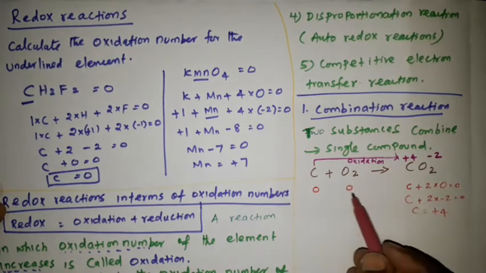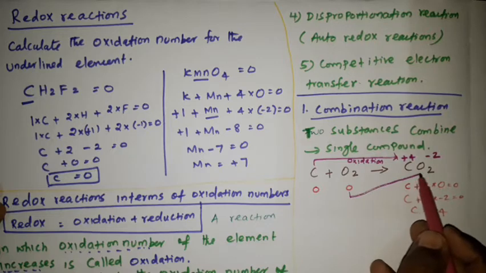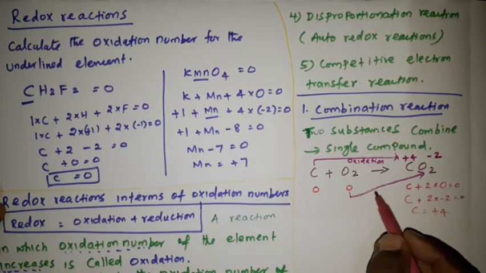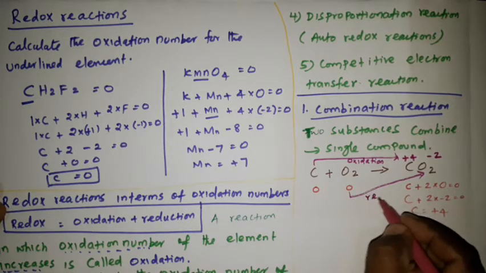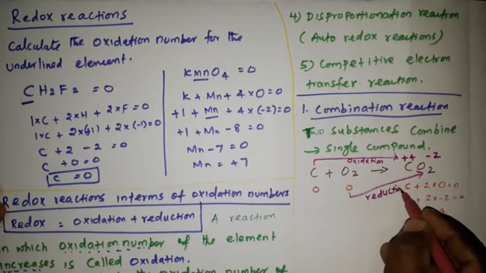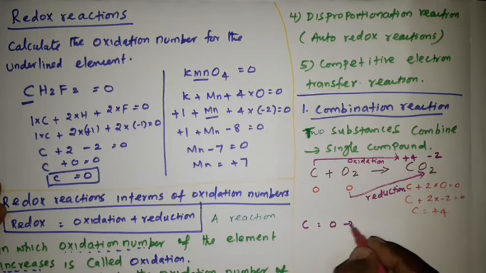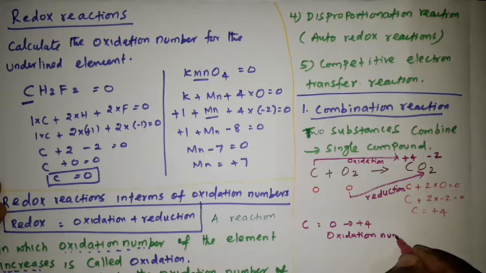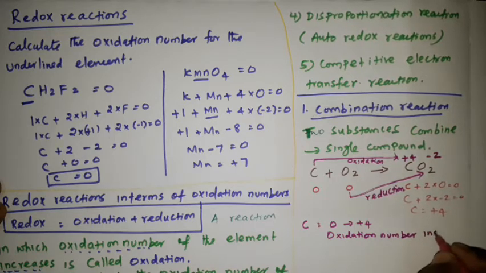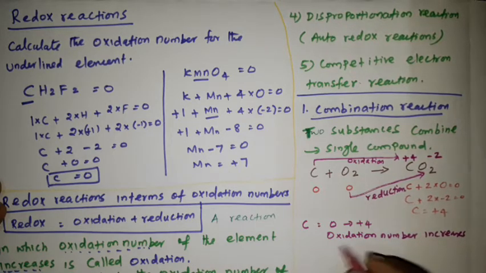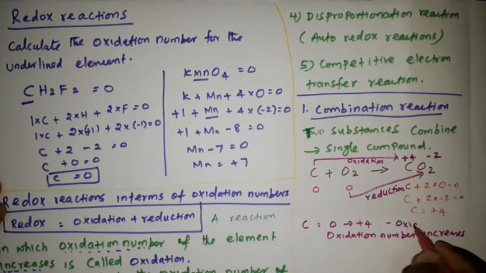Now for oxygen, here it is 0 and here it is -2. So the oxidation number decreases, so it is reduction. Carbon increased from 0 to +4, so the oxidation number increases and carbon is oxidized.